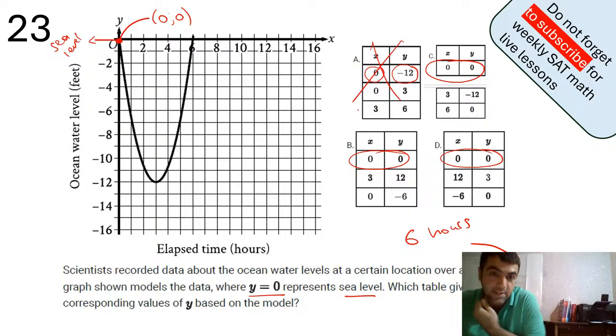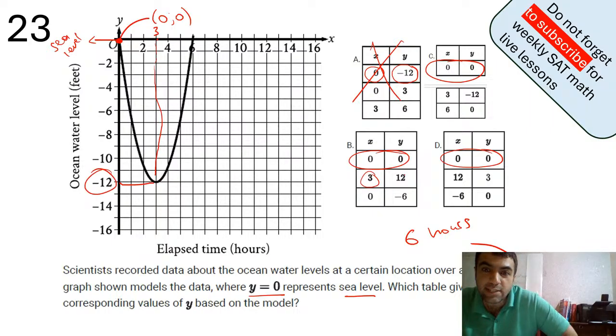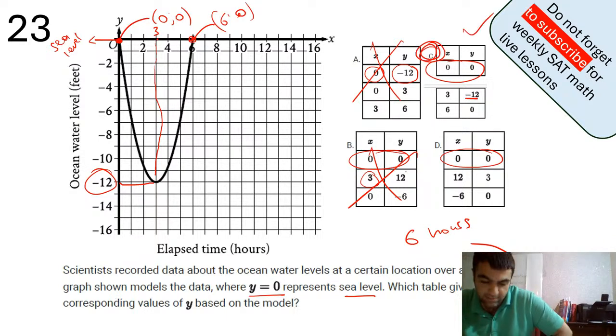And if x is equal to 3, let's have a look. 3 is here, and we see that the y value is negative 12. This is negative 12, not positive. (3, -12), and (6, 0). Yes, this point is (6, 0). The correct answer is C, guys.